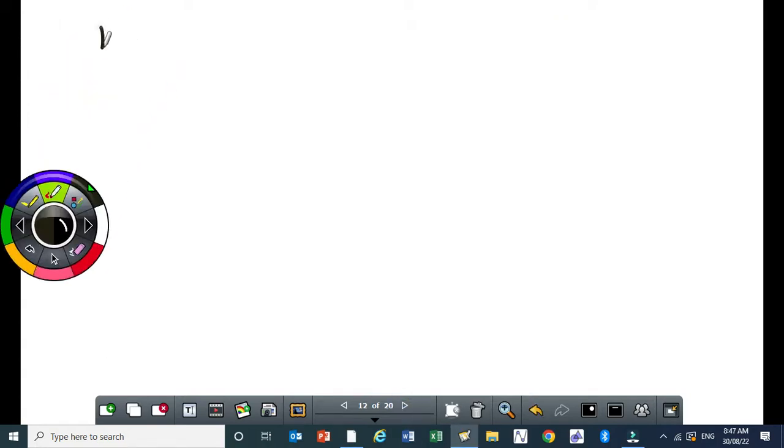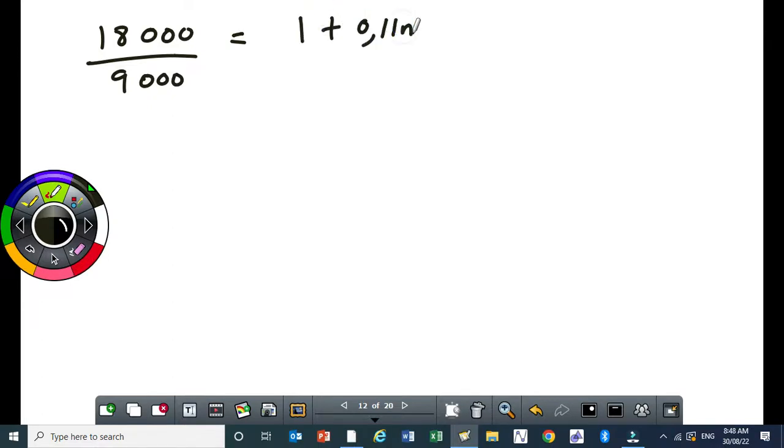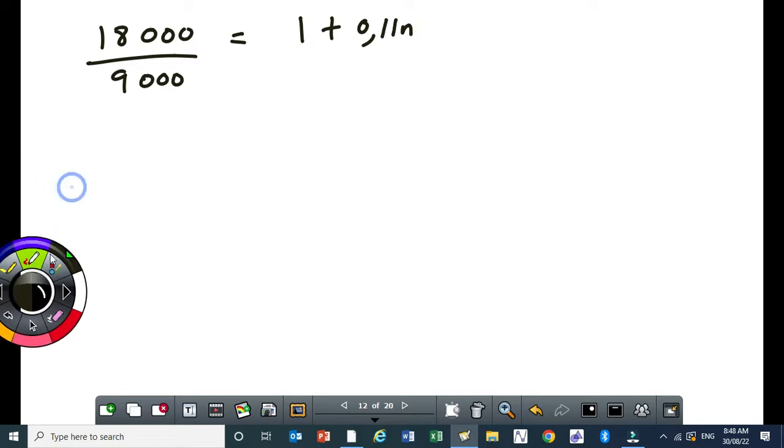So we divide 18,000 by 9,000. And this will be equal to 1 plus 0.11 N. Remember, 0.11 times N will give you 0.11 N. Then, to divide here, you get a 2. That will be equal to 1 plus 0.11 N.